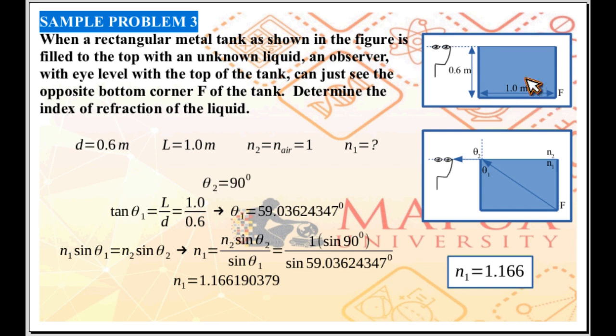When this tank is filled to the top with an unknown liquid, an observer with eye level at the top of the tank can just see the opposite bottom corner F of the tank.